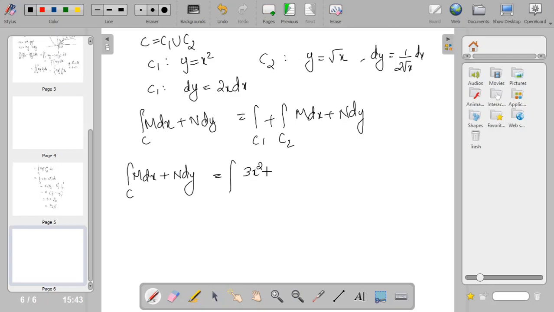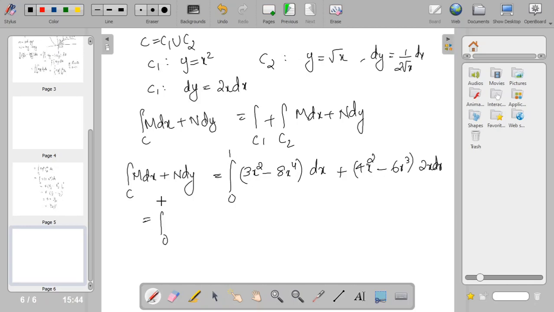So you will be getting 3x square minus 8y square. So 8y raised to 4 will be 8x raised to 4, so 8x raised to 4 dx plus 4y, replaced by 4x square, minus 6x cube, and dy replaced by 2x dx, and x will vary from 0 to 1.